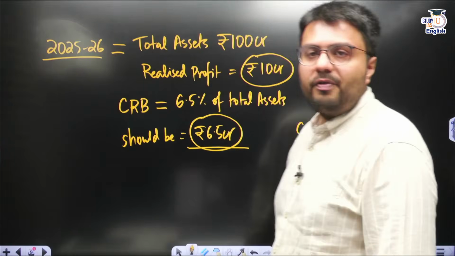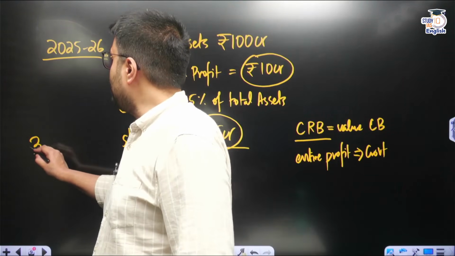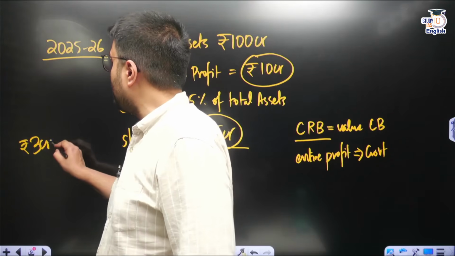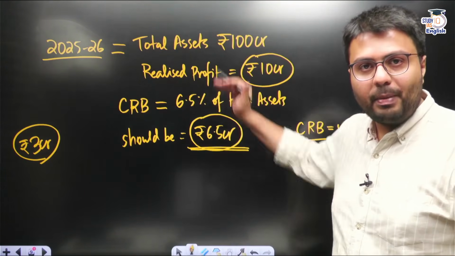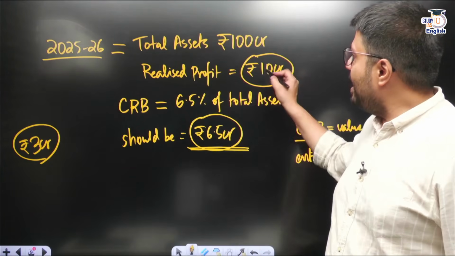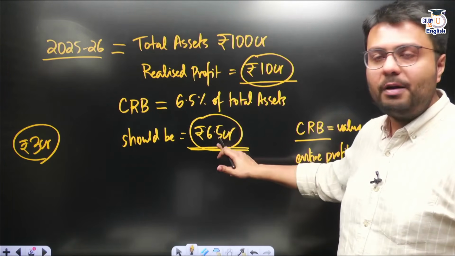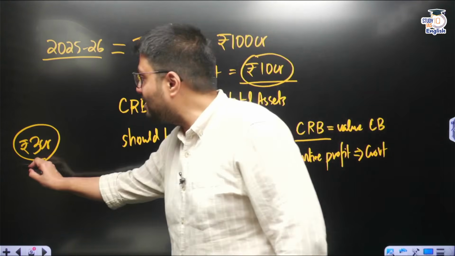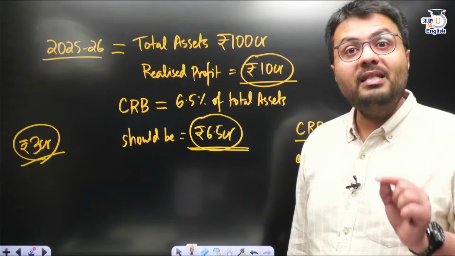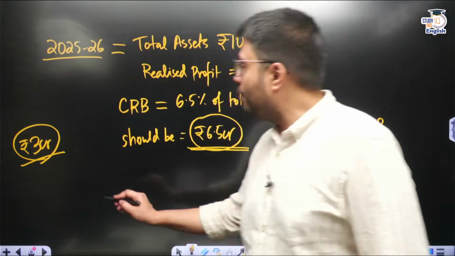But what if, let us suppose from last year, the contingency risk buffer reduced to 3 crore rupees. Is it enough for the contingency risk buffer as set by RBI this year? No. So if RBI made a profit of 10 crore rupees and it wants to keep a CRB of 6.5 crore rupees, but it checked that its CRB is less than 6.5 crore rupees, that is 3 crore rupees, RBI would make a provision.